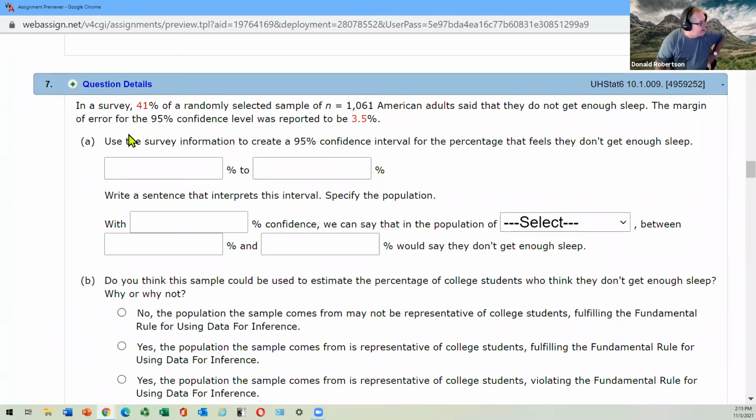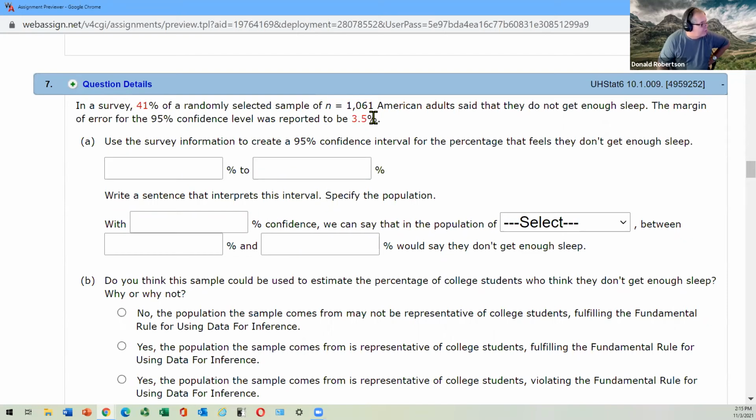Yeah, we've got time. In a survey, 41% of a randomly selected sample of 1,000 and change Americans said they did not get enough sleep. The margin of error for this was 3.5%. So I know that number and I know the margin of error. So I should be able to calculate the interval.